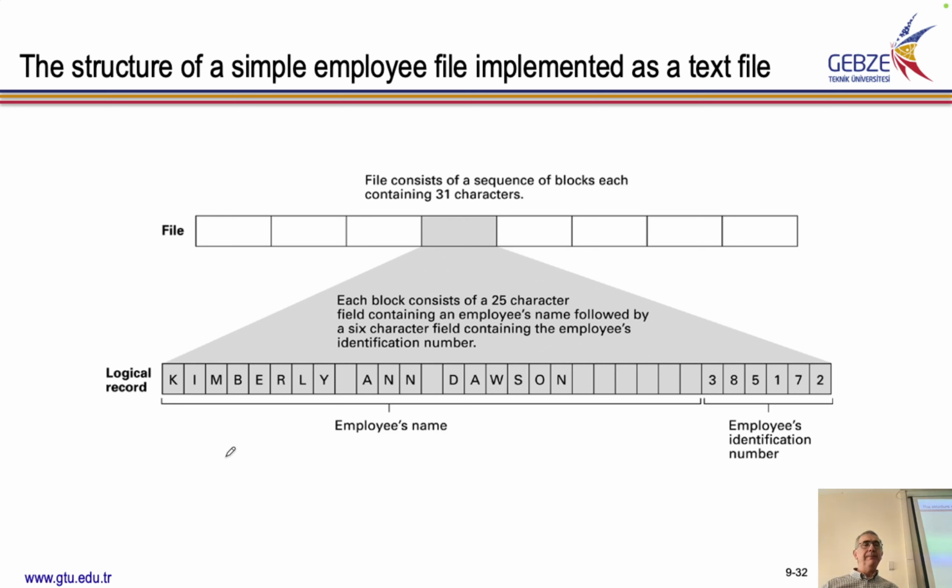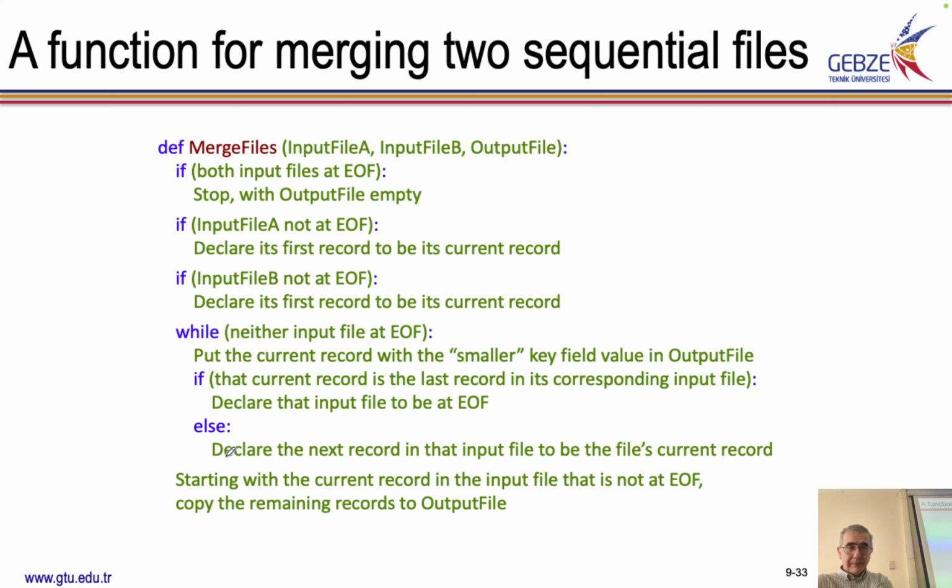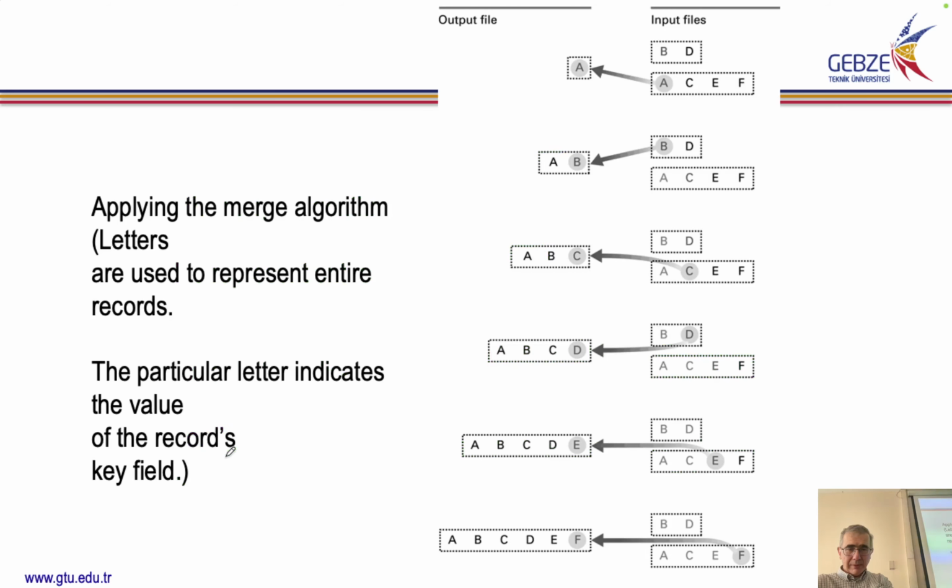In the file, these are the records. When you move to the next record, you need to move to the next part with the file pointer. Tack, tack, tack, tack. So forget about this.